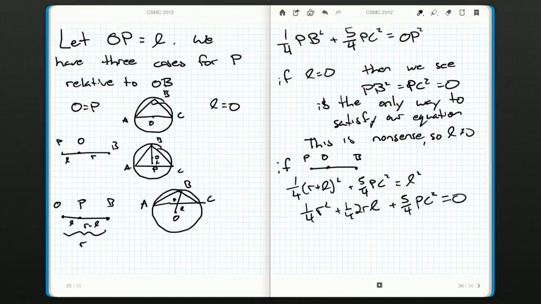Okay. So we still have this nasty PC in here. There should be a way to... Oh. Of course, PC squared is just r squared minus L squared. So it wasn't exactly about equating those formulas.